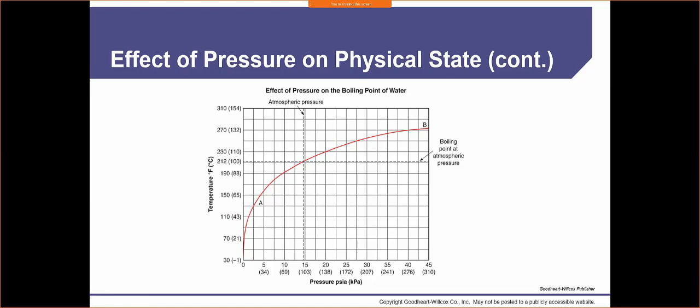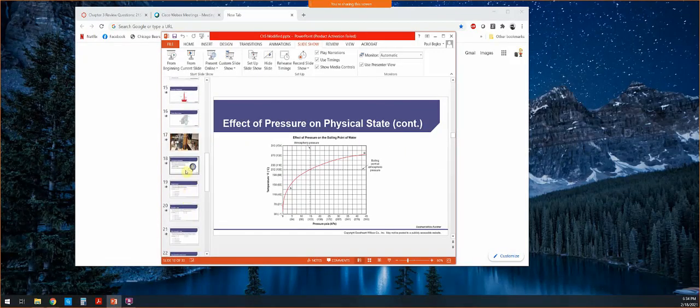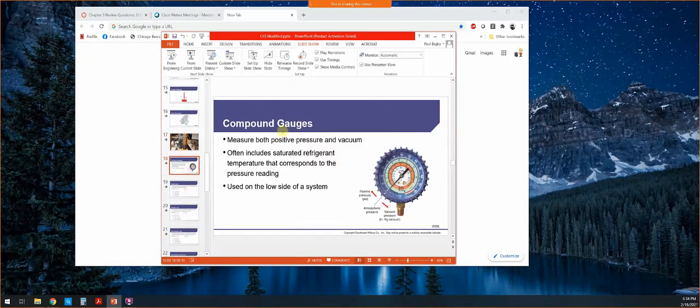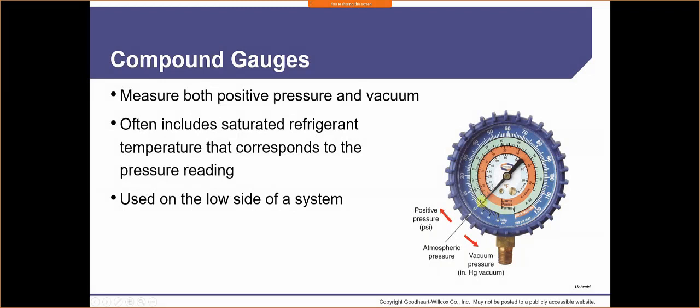So we're not even adding or removing any heat. We're just applying a vacuum, and just by physics alone, we're able to cause the water and everything else to boil out. So that's going to indicate when we're complete. We can't use a compound gauge by itself to know when to pull a vacuum because the measurements are so finite.